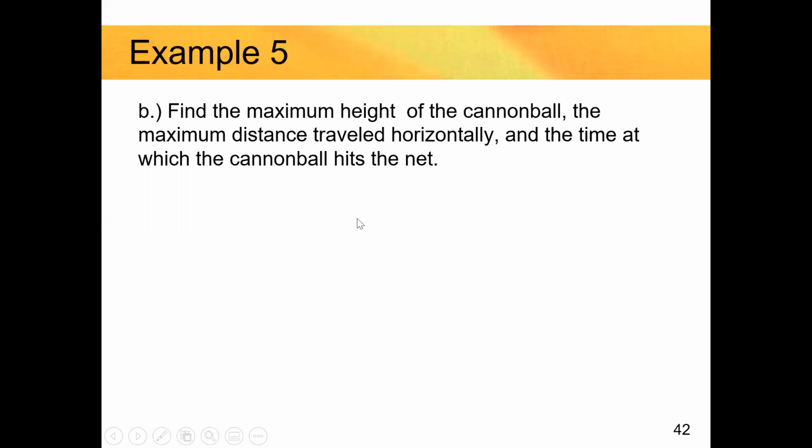Some of you are writing it down, go for it. Then we'll try it on the calculator. So: max height, max horizontal distance, and the time it takes for the cannonball to hit the net.